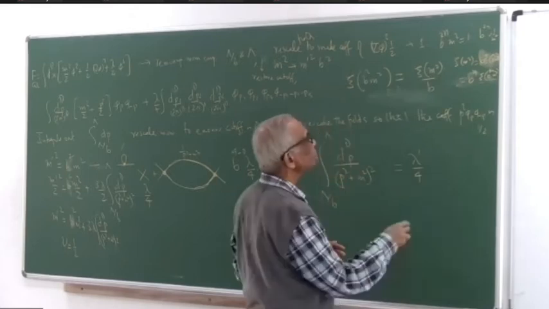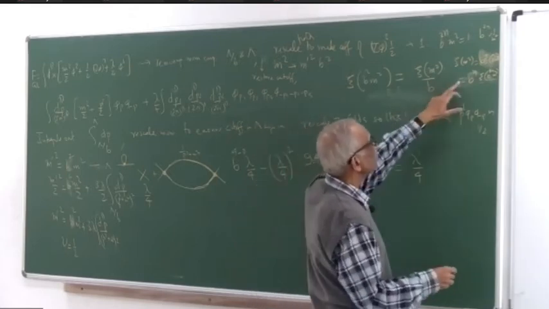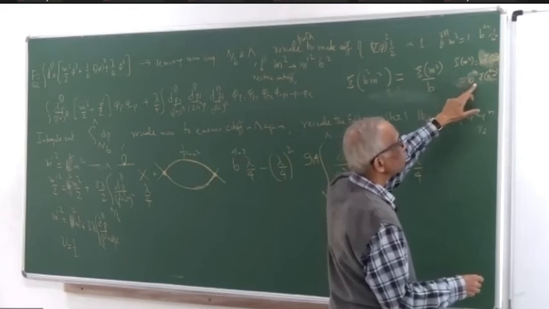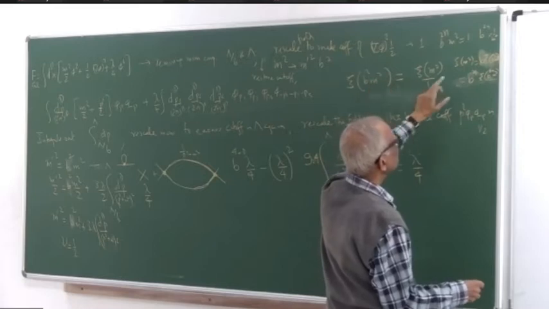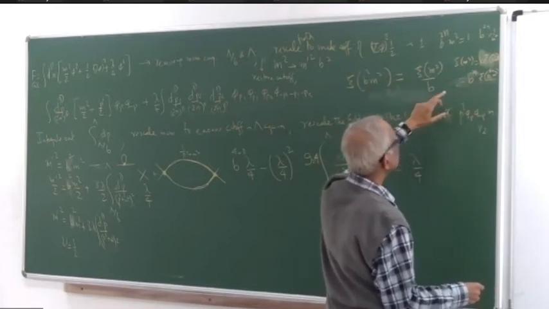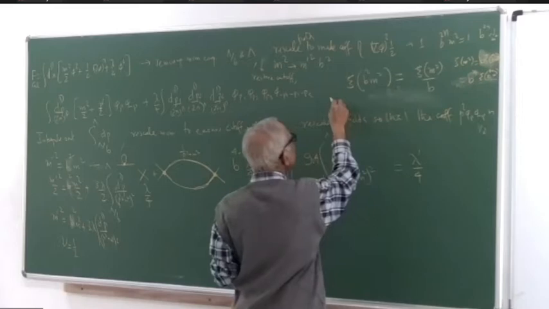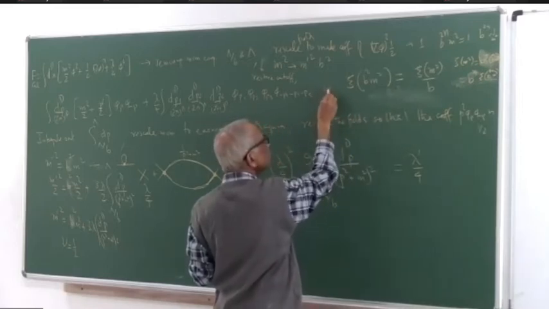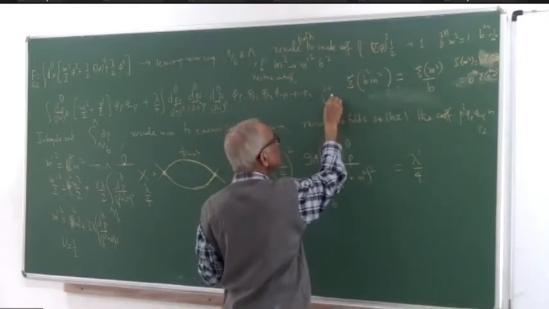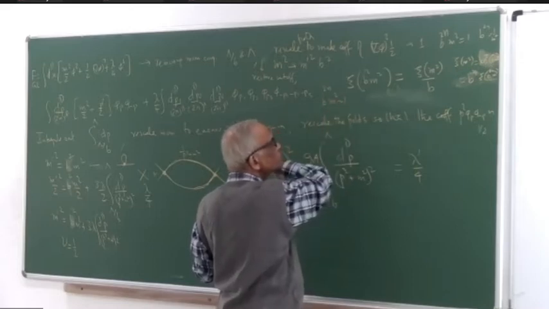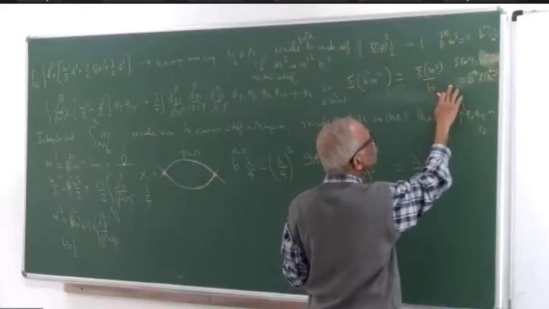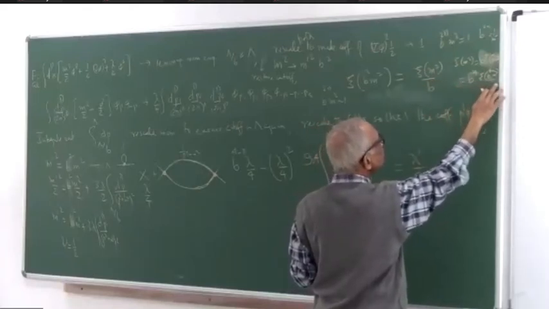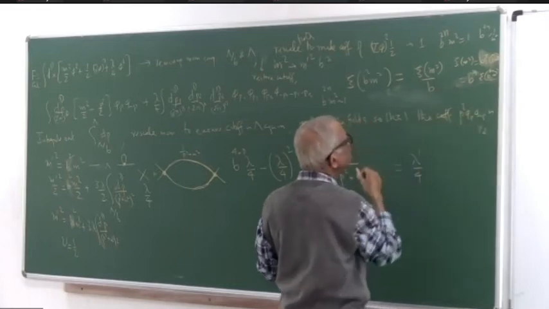Trying to keep the board space minimum. So xi to the power m square is like b to the power n. So xi and b to the power n, and I have got b to the power 2n times m square has been set equal to unity, and therefore xi m square is equal to b to the power n times xi m square.